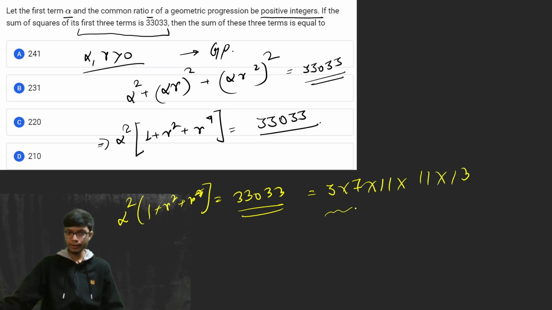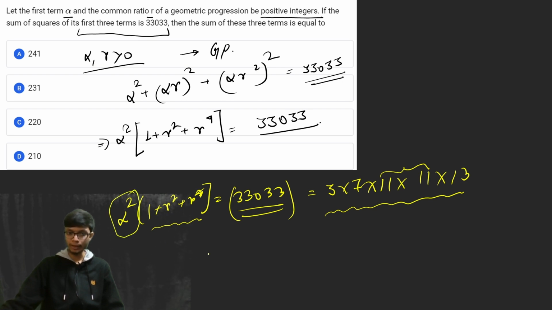So you can factorize 33033 as 3 into 7 into 11 squared into 13. On doing so, what you observe is that 11 squared is there, and this is a positive number, and a square of a number.